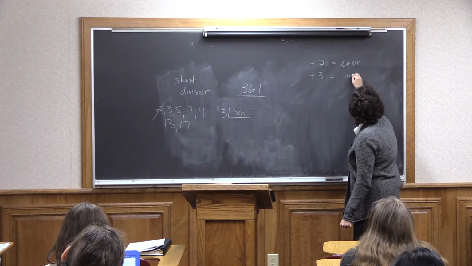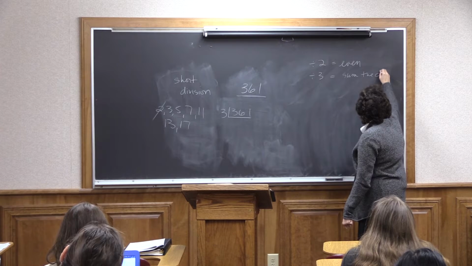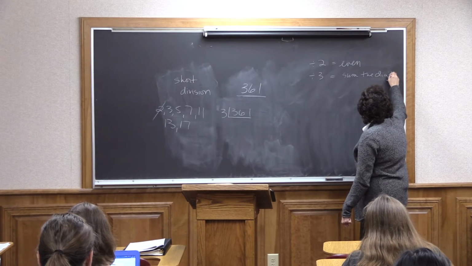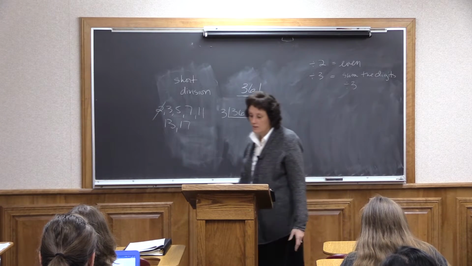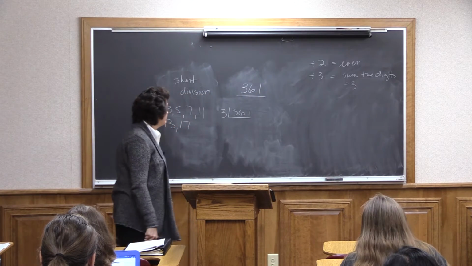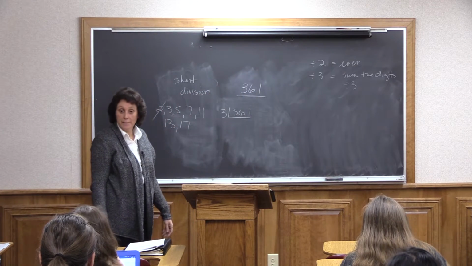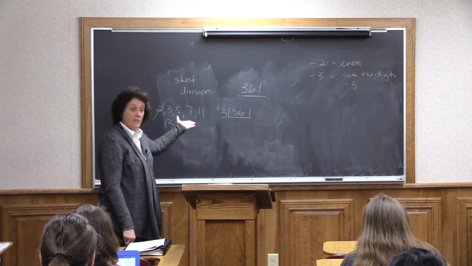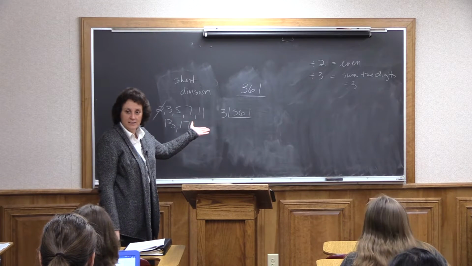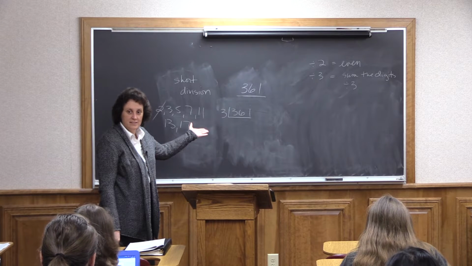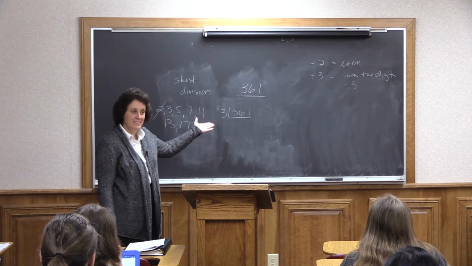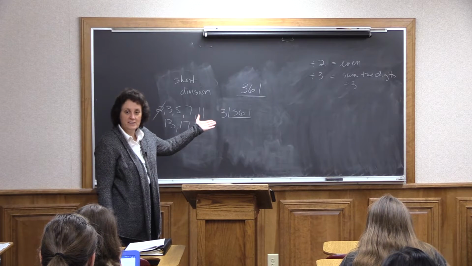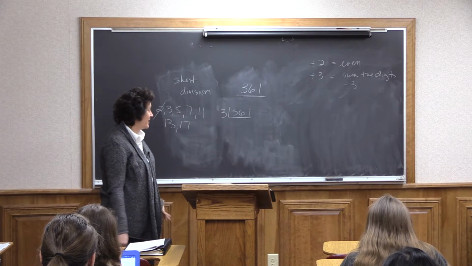So if I sum the digits, and that divides by 3, the entire thing will divide by 3. Okay? So does this divide by 3? Three plus 6 is 9, plus 1 is 10. So I can't use 3.